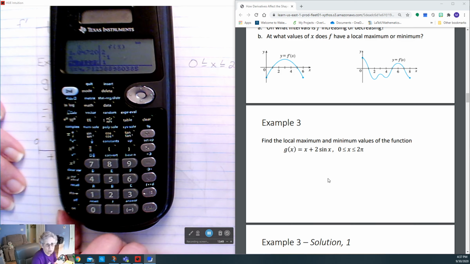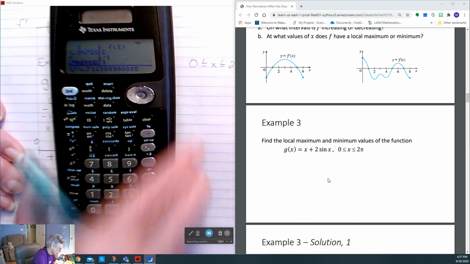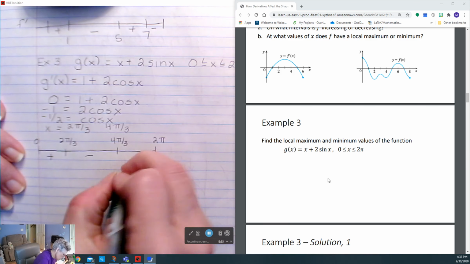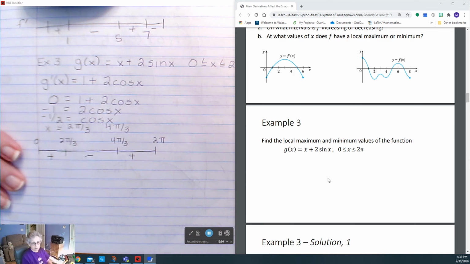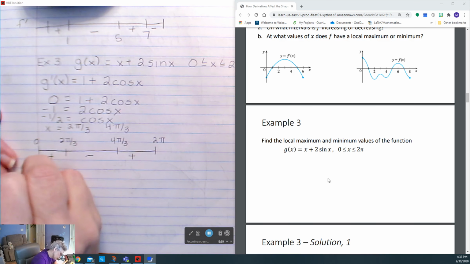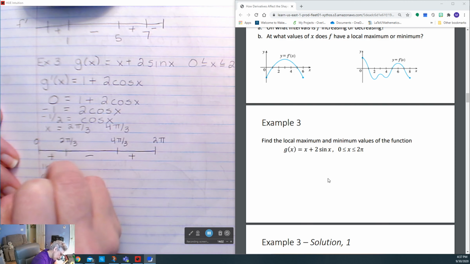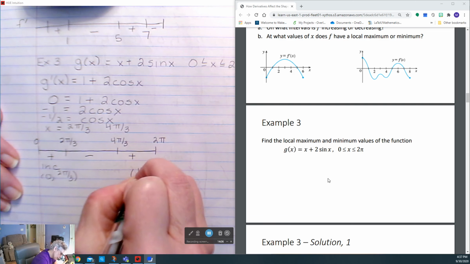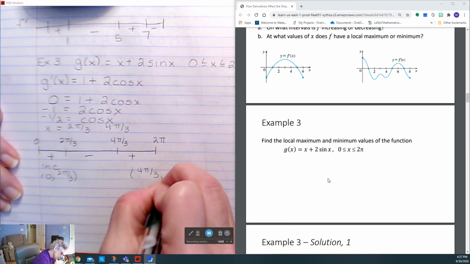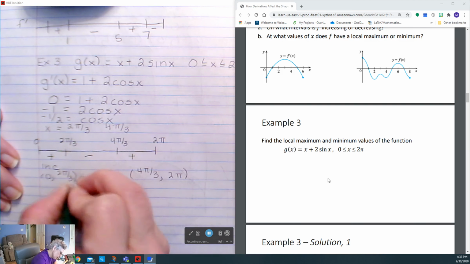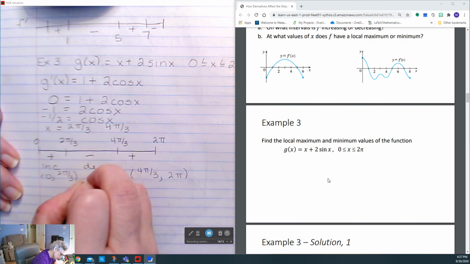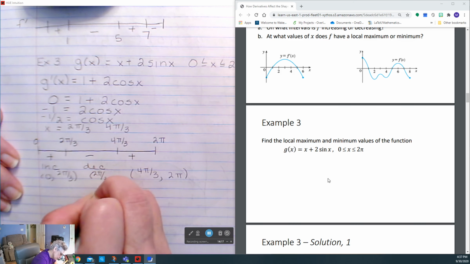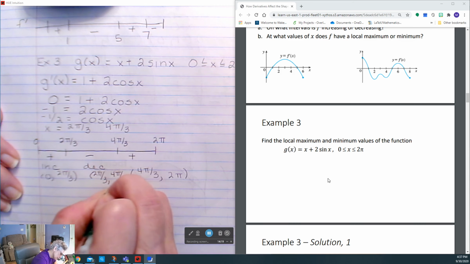You could have gone with whole numbers, but once I start thinking about pies, I just stick with the pies. So we are increasing from 0 to 2 pi over 3, and from 4 pi thirds to 2 pi. And we are decreasing from 2 pi thirds to 4 pi thirds.